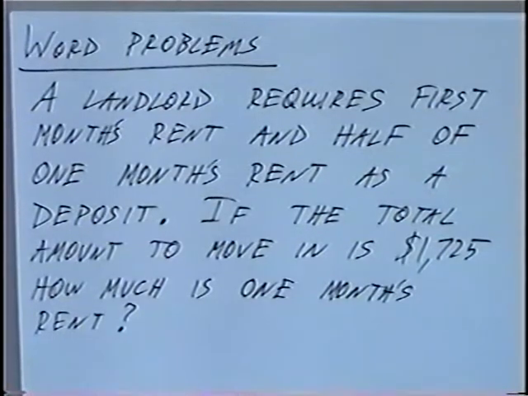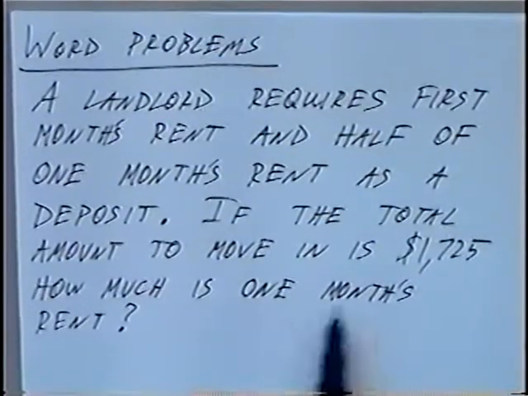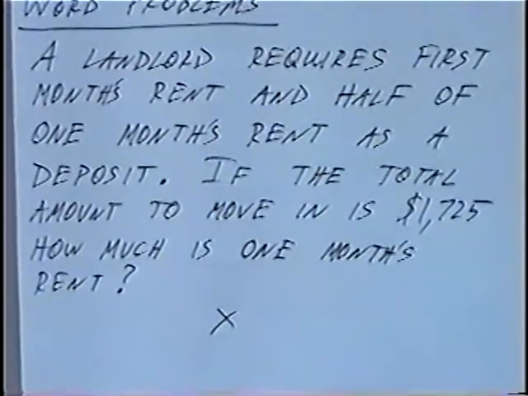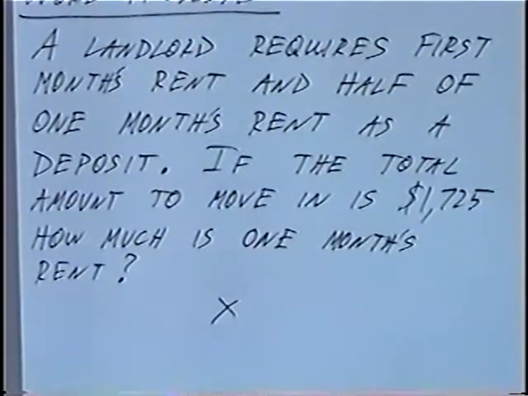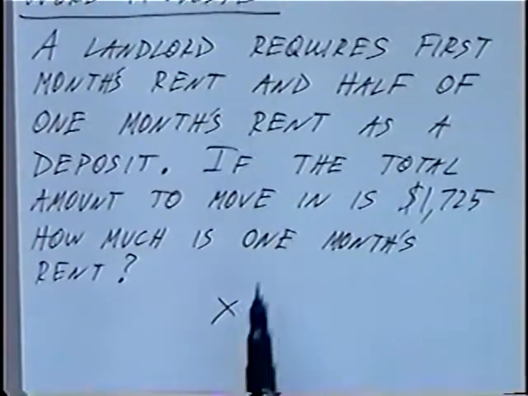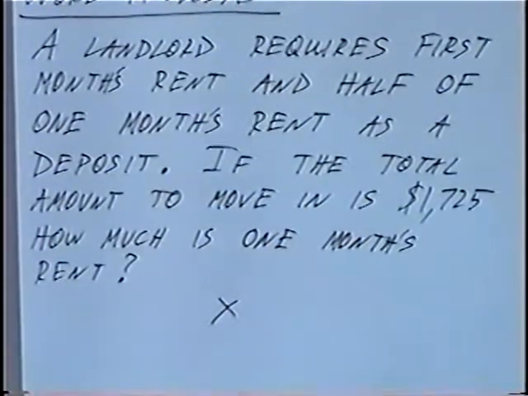Again, to solve this question, we can write an equation using a variable like x and solve for x. If we're looking for 1 month's rent, we can let x be the total of 1 month's rent. When you move in, you have to pay the first month's rent, which is x, and also you have to pay 1/2 month's rent as a deposit.